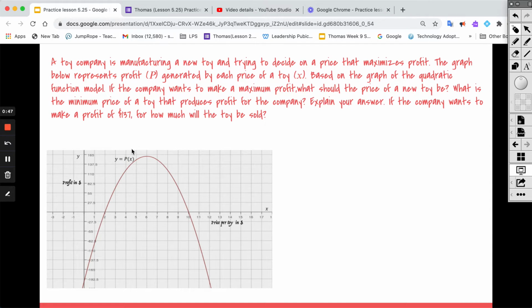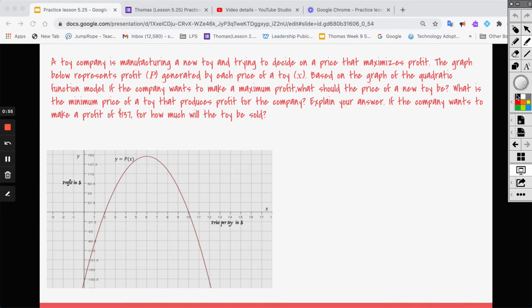So questions like this require us to be really familiar with the key features of the graph. Some key information that is given is that the company wants to make a maximum profit, and we should be concerned about the price that gives that maximum.